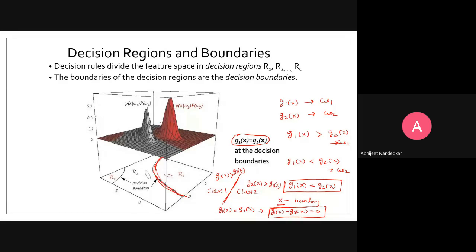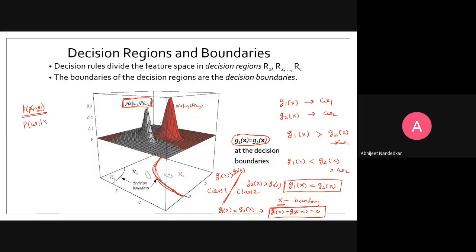So we are taking into account the product of likelihood and prior. I repeat, this is likelihood, the distribution of X within class. You can note down this line. If you are not able to understand, note down what is likelihood distribution. It is the distribution of X within a class. What is posterior?